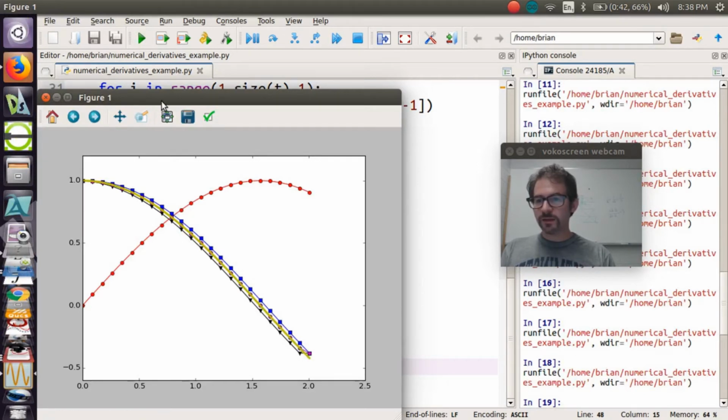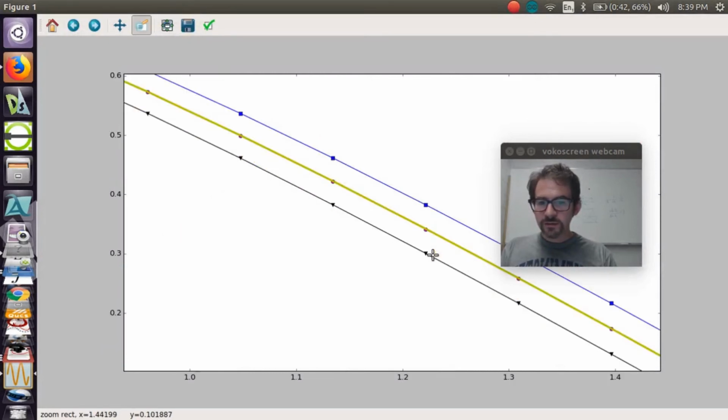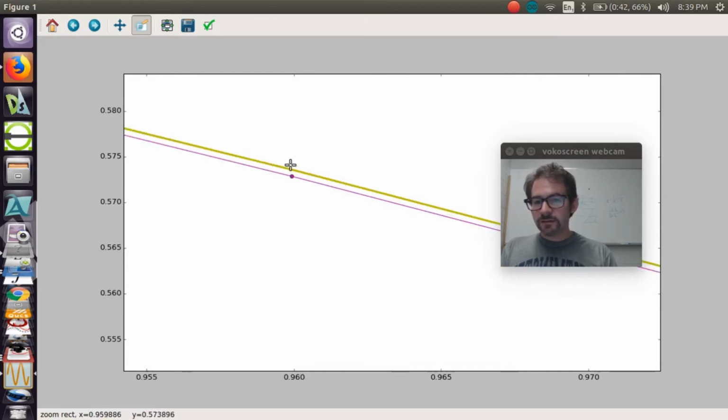Let's zoom in a little bit and go full screen. And zooming in, just a few data points here. Look at how close those are. The magenta circles are right behind the actual value. Of course, they are not exact. Look, there's a little separation there. Not perfect, but they're much better.